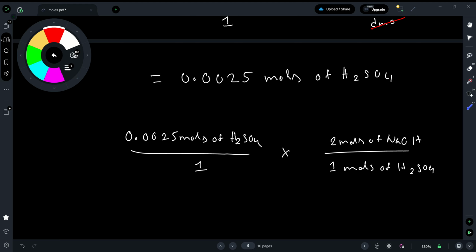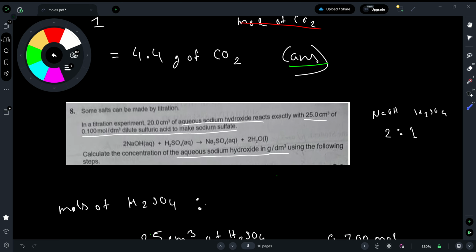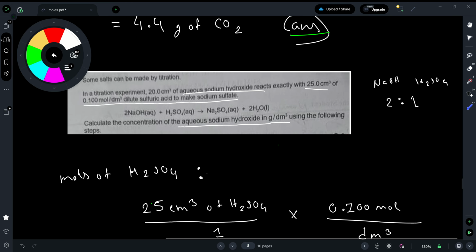But notice we want to cut the H2SO4, so we put H2SO4 at the bottom, and you just cut moles of H2SO4, and multiply 0.0025 into 2 to get 0.005 moles of NaOH, sodium hydroxide.